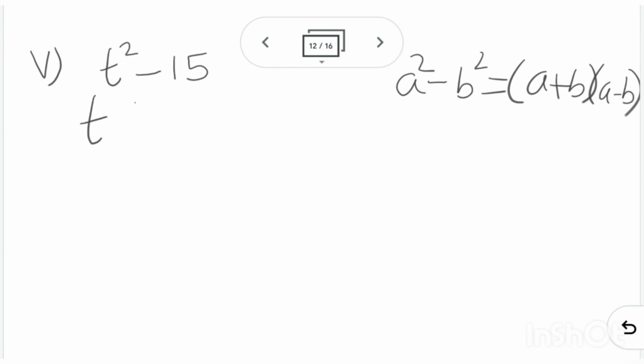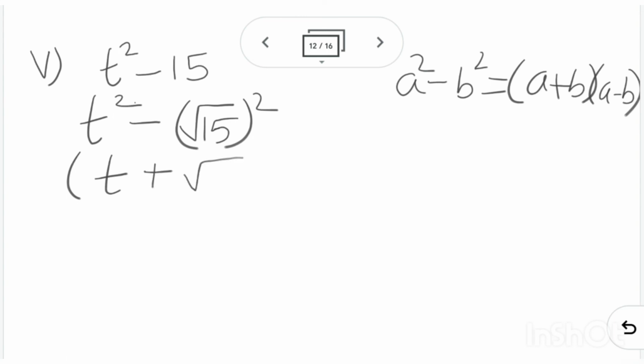Now here it is t square, and we know 15 is not a perfect square of any number, so we can write it as root 15 square. So when we put them, we can write them in two brackets, t plus root 15 and t minus root 15. When we don't have a perfect square, we can take its square root.